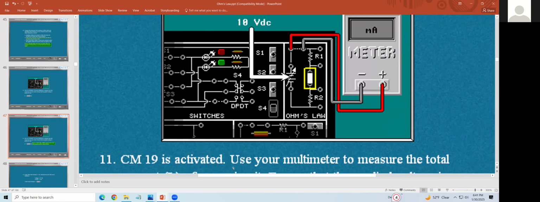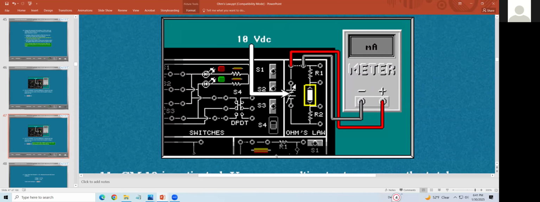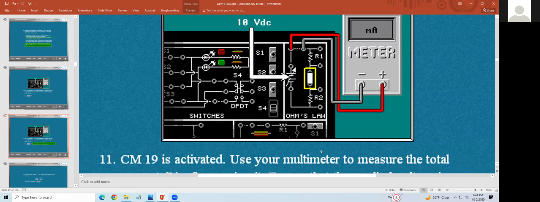Now, when you run up to the point they say CM19 activate, if you're looking into the one you already did, you measure the current, you enter OK, correct. Later on, they say CM19 activate. Do the same.